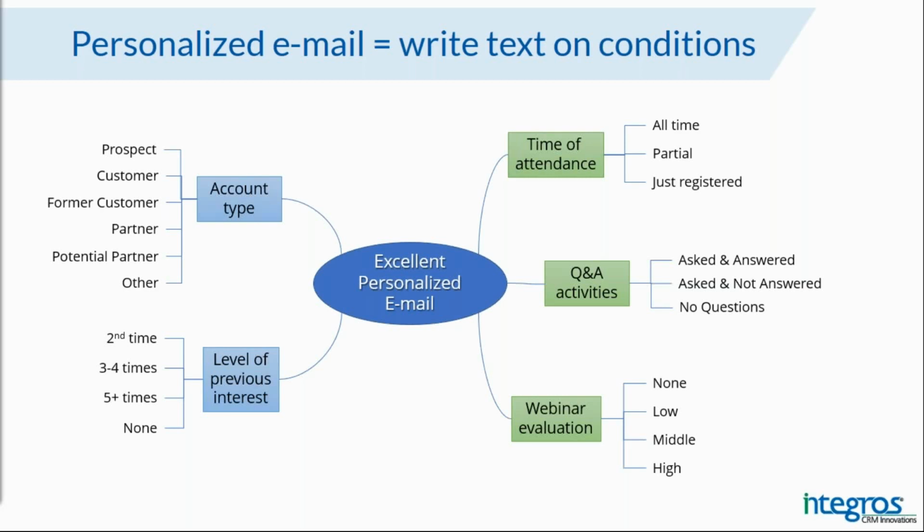Did he give us a high grade, low grade, something in the middle, or maybe he didn't evaluate the webinar at all? All this data we need to consider while we write our message.